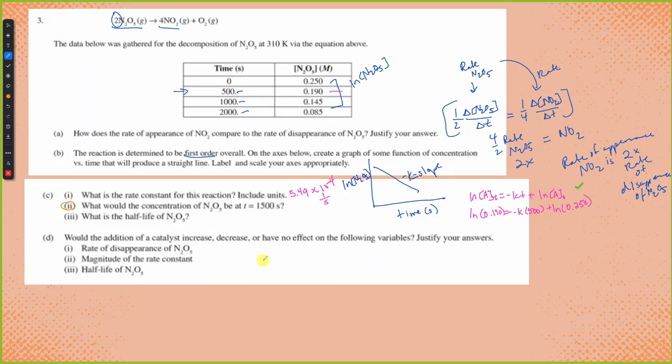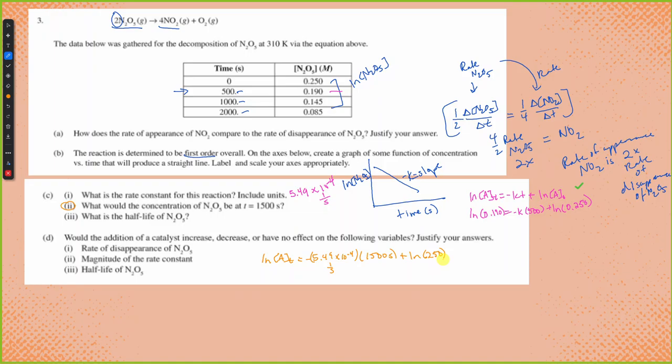So we have ln at time t here, and we have -5.49 times 10 to the -4, 1 over seconds, times the 1500 seconds, plus ln of the 0.250, like so. And we can solve for the concentration.